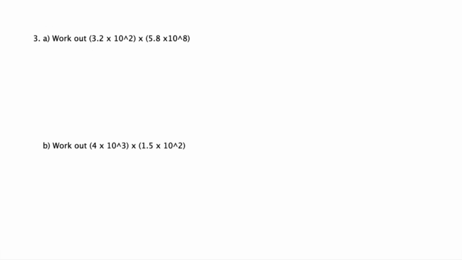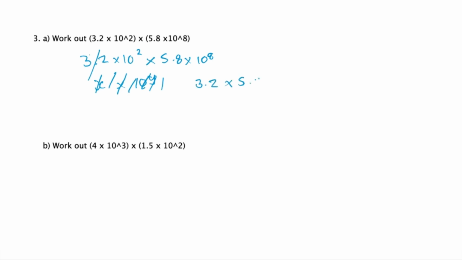Work out 3.2 times 10 to the power of 2, all of it times 5.8 times 10 to the power of 8. You don't even need the brackets, you just multiply all of this together. Of course, you might as well use a calculator because there's no point wasting time trying to figure out 3.2 times 5.8. I'll just show you what to do.